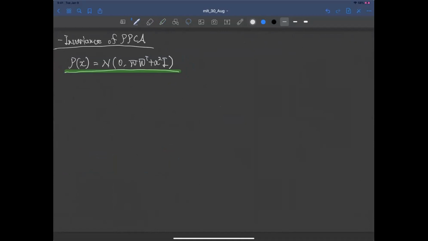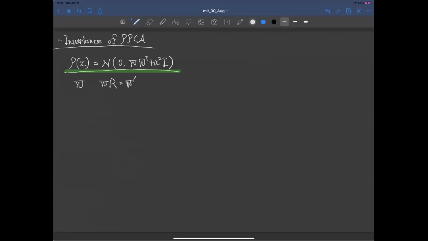So then let's think about W. What's going to happen if I assign W R, where R is an orthogonal matrix, instead of W? So it's going to be the new W dash.